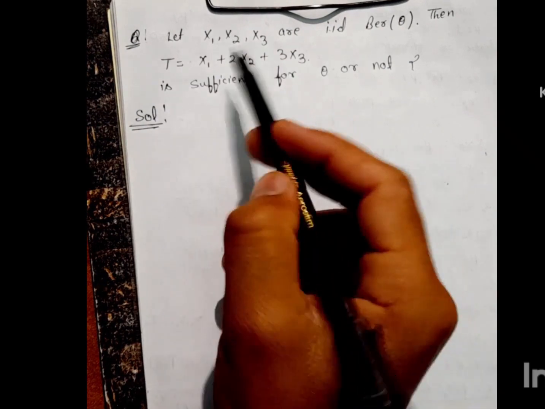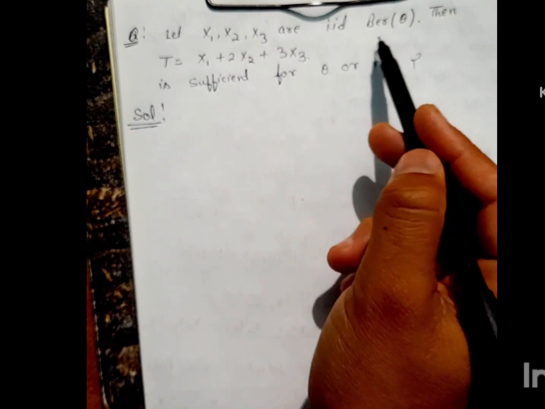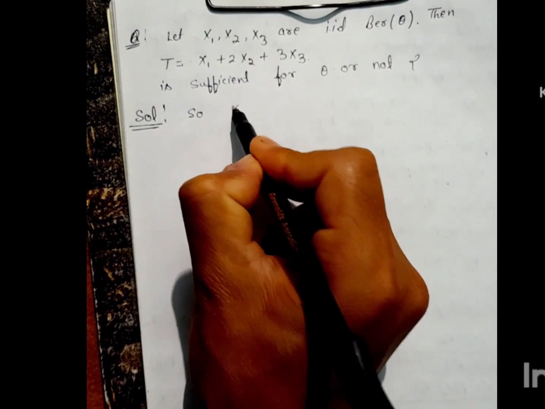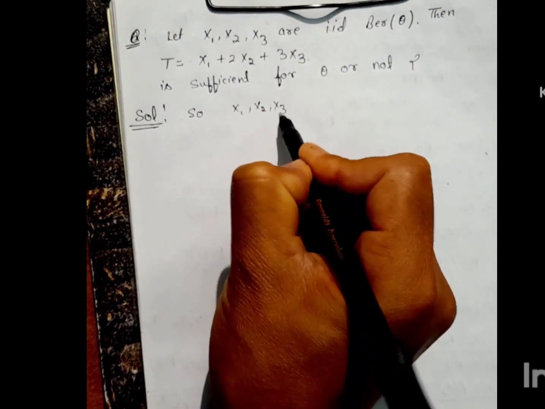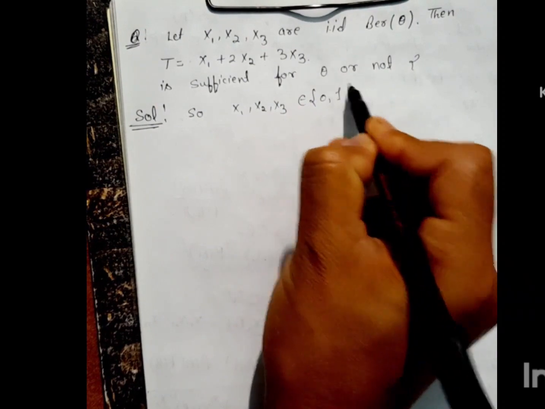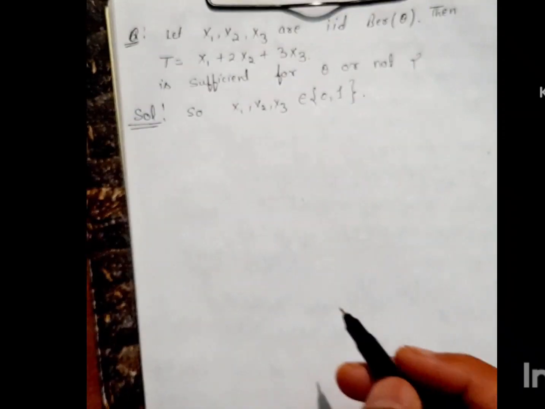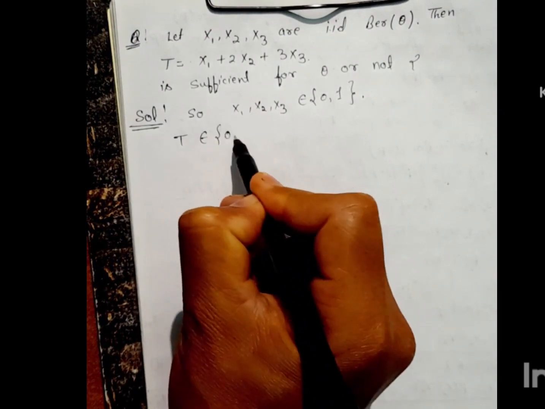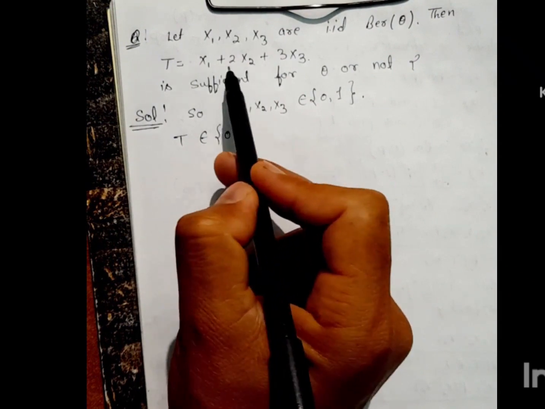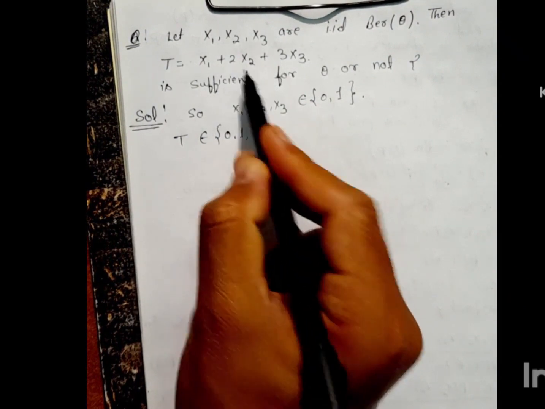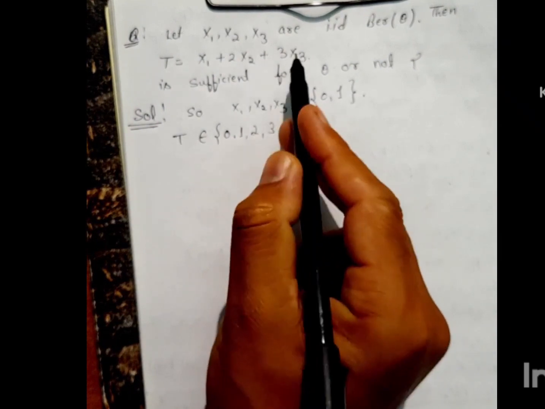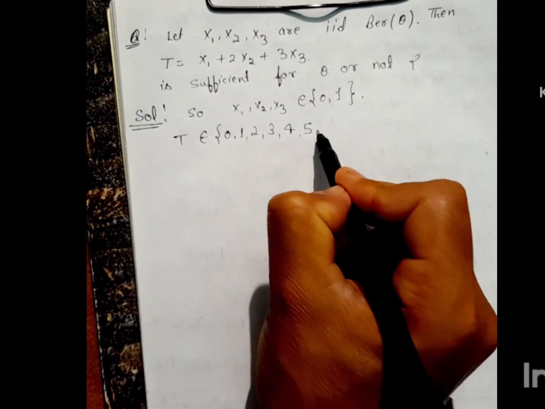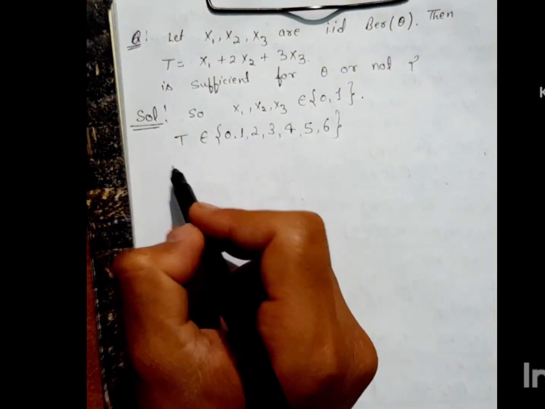Since X1, X2, X3 are IID Bernoulli, they can take values 0 and 1. So T can take values 0, 1, 2, 3, 4, 5 and 6. This is the range of values of T.